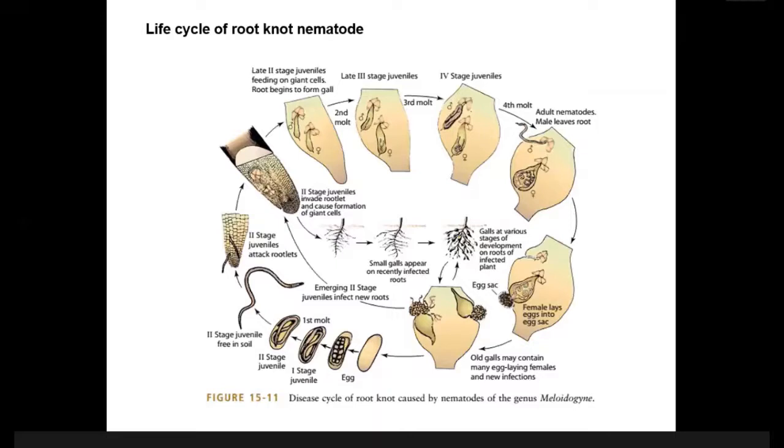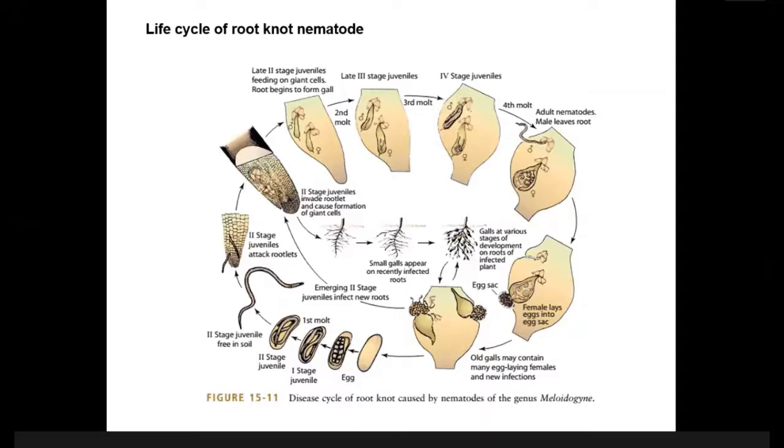Although the knot is present below ground, we can see the symptoms above ground. The leaf becomes yellow in color, for example, because of deficiency of nutrients. The plant will become weak because there will be no photosynthesis, no respiration, and at one stage the plant will fall over to the ground.